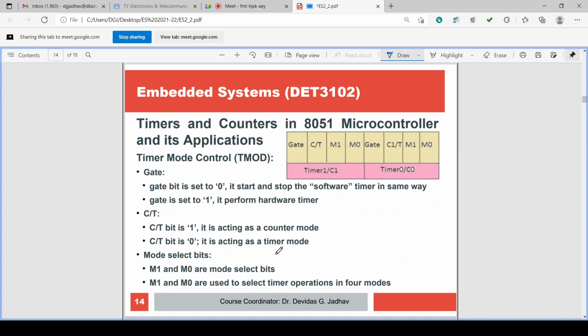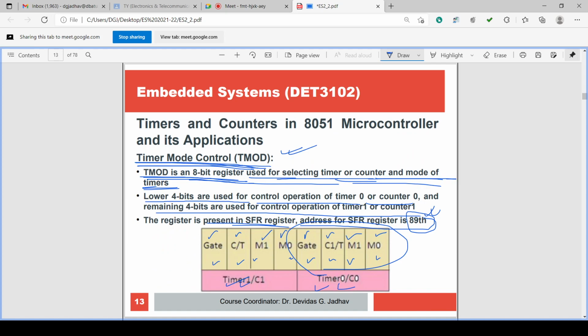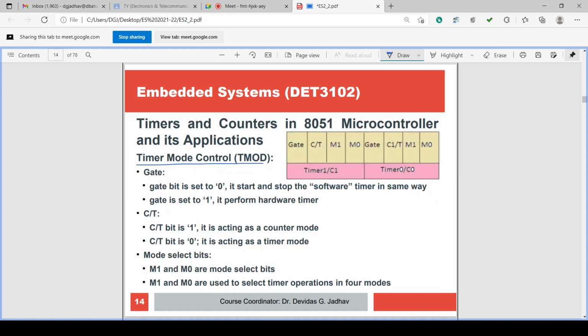So now timer mode TMOD is having the details. What are those? TMOD is shown again, the same TMOD, isn't it? Gate is there, C/T is there, M1 is there, M0.